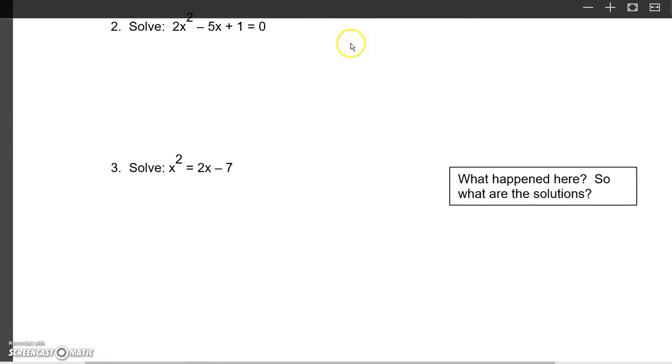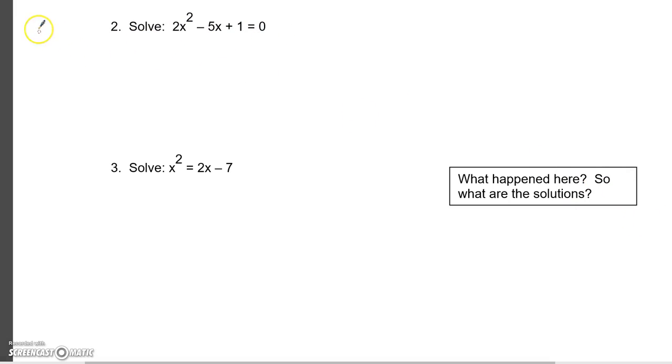Okay. Here we can use the quadratic formula again. It's equal to 0. So we can say that A, B, and C: A is what's in front of x squared, B is what's in front of x, and C is without the variable.